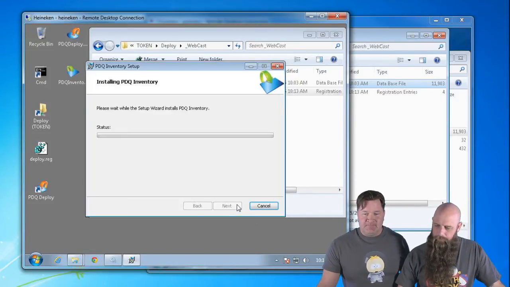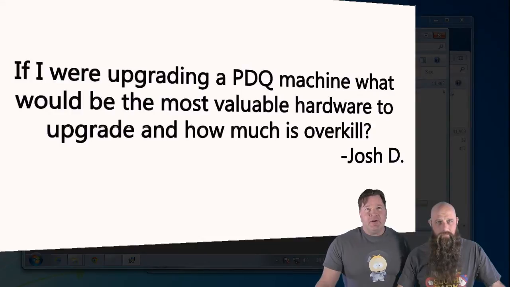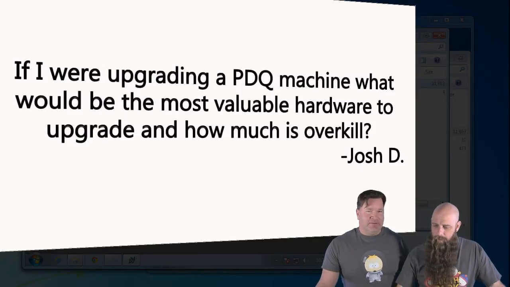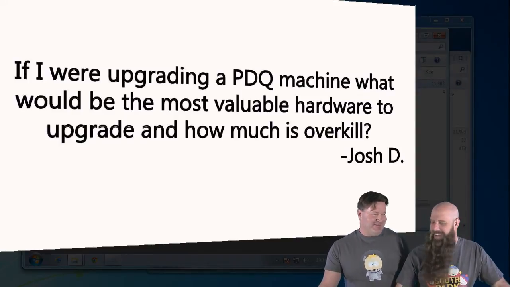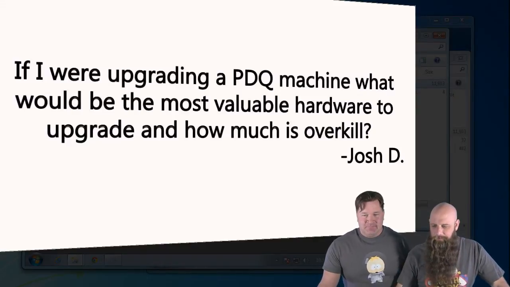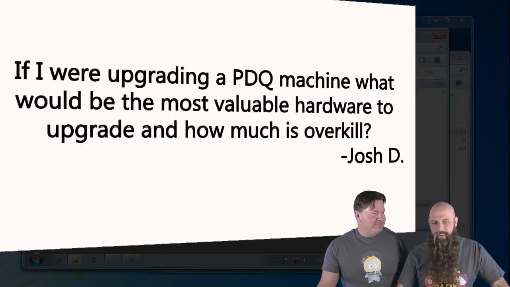While it's installing, I hear we have another question. If I were upgrading a PDQ machine, what would be the most valuable hardware to upgrade, and how much is overkill? Well, we're IT. There's no such thing as overkill. It really depends, Josh, on the size of your environment.